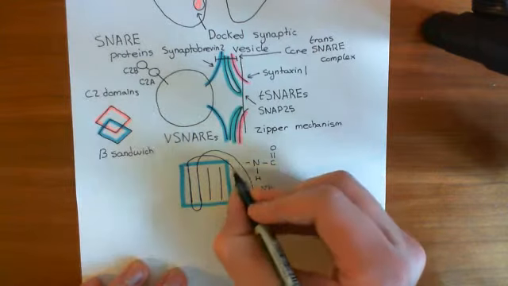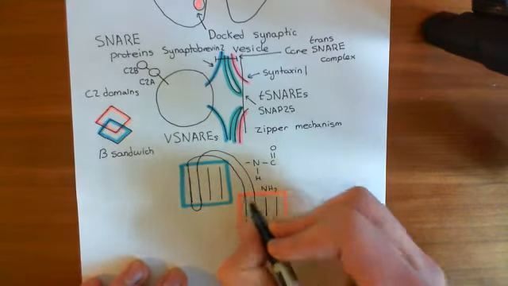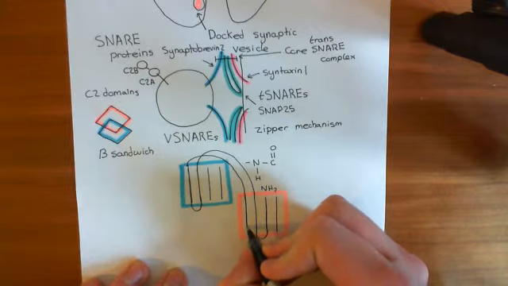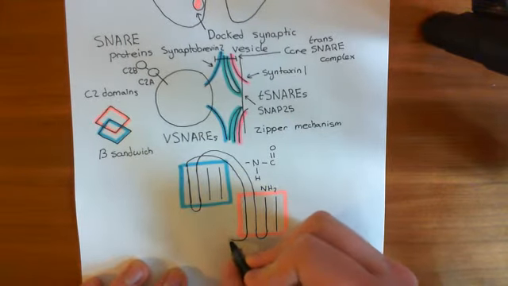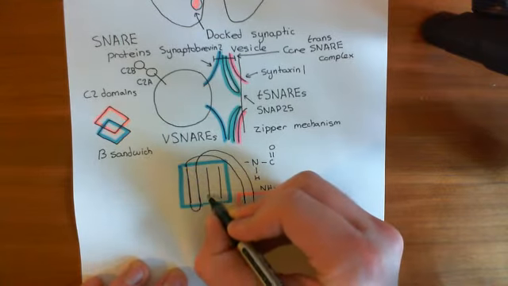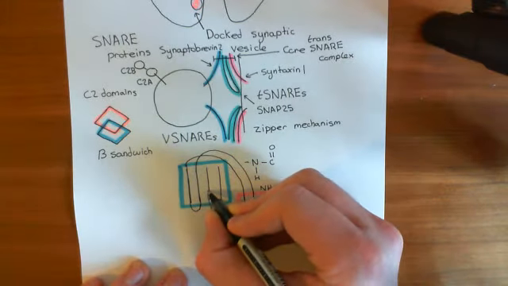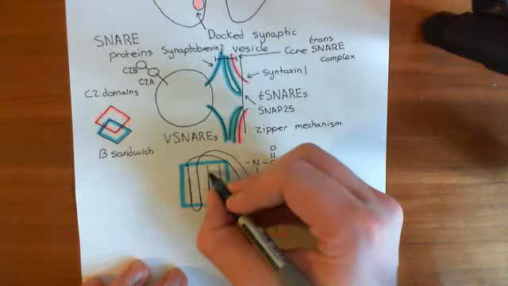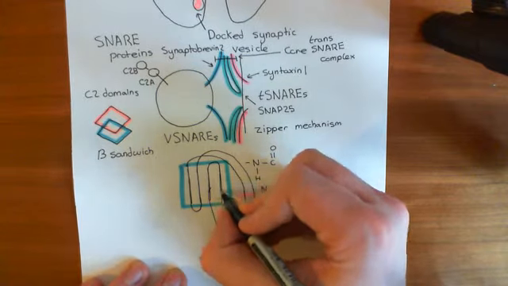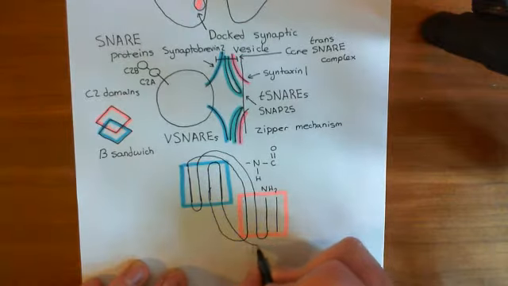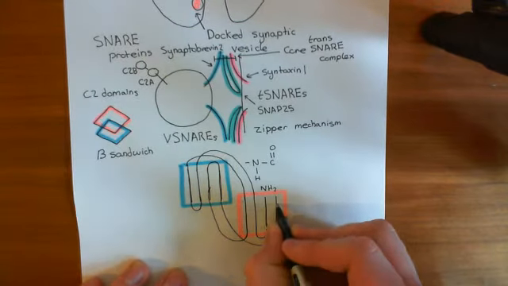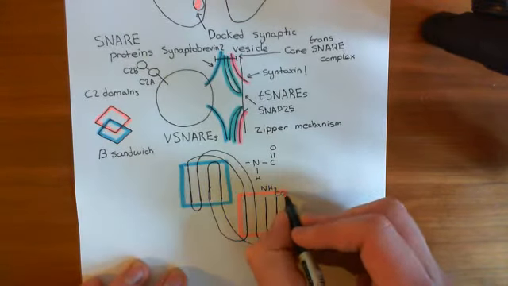It's going to jump over to form this one here, come down like that. And then this one is going to jump back again to form this one. That will come up and round, form this one. And then finally it's going to go over and form the final one over here. And then that is the carboxyl terminus here.